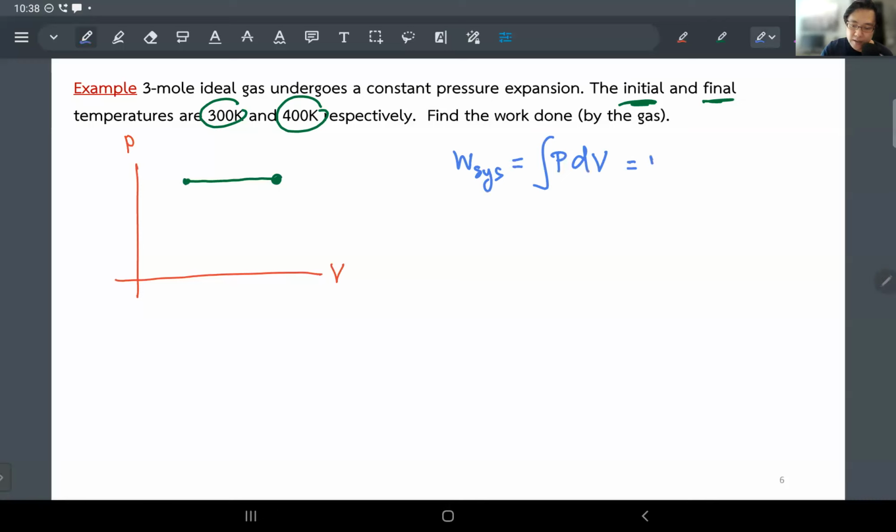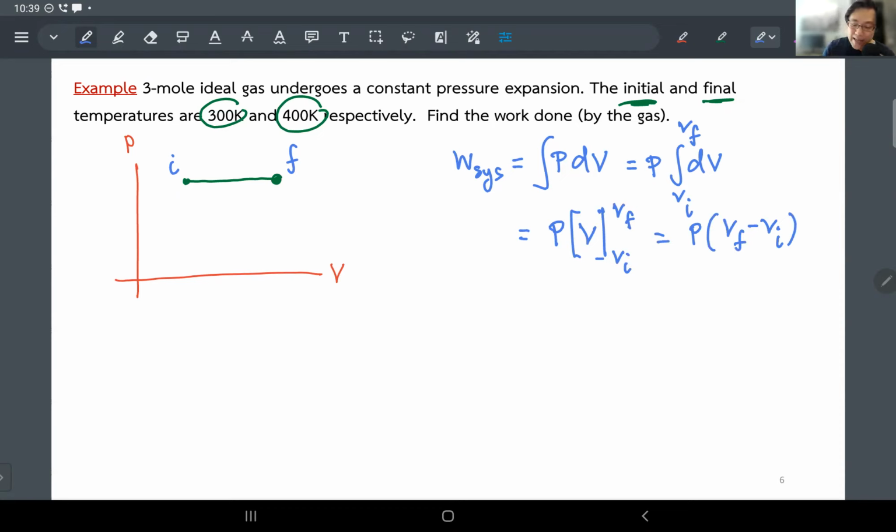That means P is constant, so I can pull it out of the integral here. Then the limits are V initial to V final, your initial point and your final point. Same thing as before: the integral of dV is just V, and you put the V initial and V final there. So at the end, I'm just redoing everything, just so you sort of get sick of this.